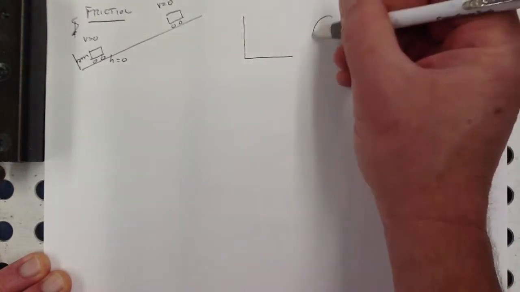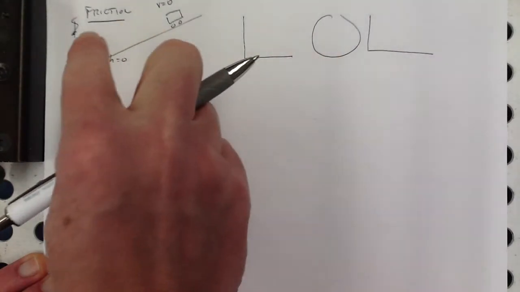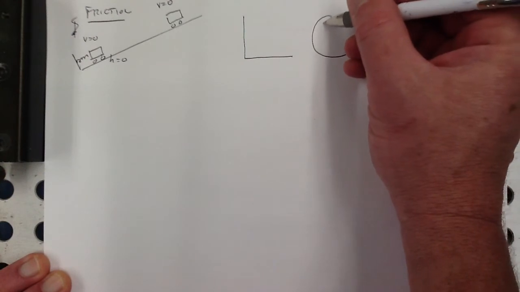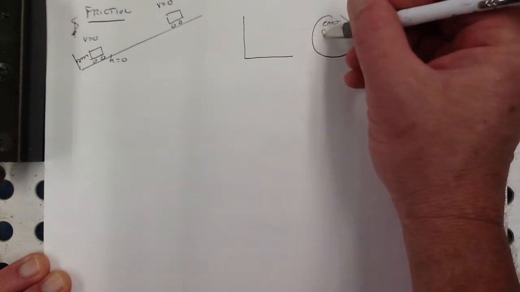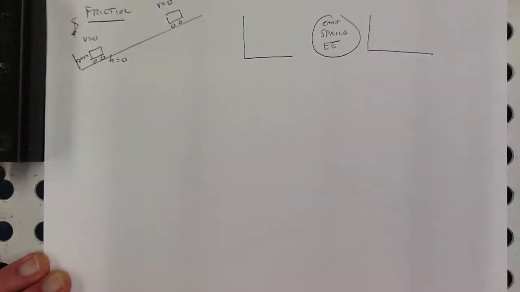So let's make the diagram and see what's different here. So what's inside this system? We are going to put the cart and the spring and the entire earth.